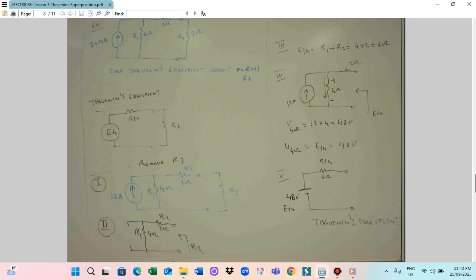Okay, so R3 is removed. So this is the Thevenin equivalent circuit across the R3. We have to find it across R3.